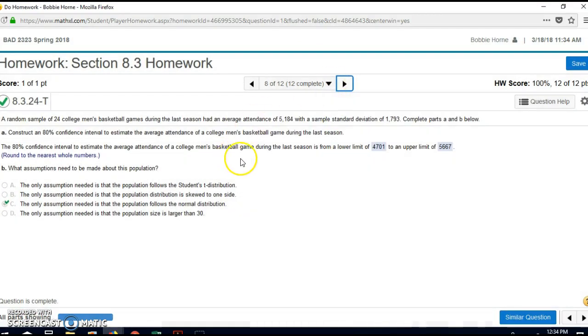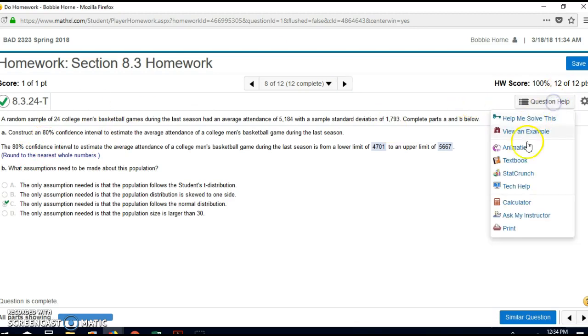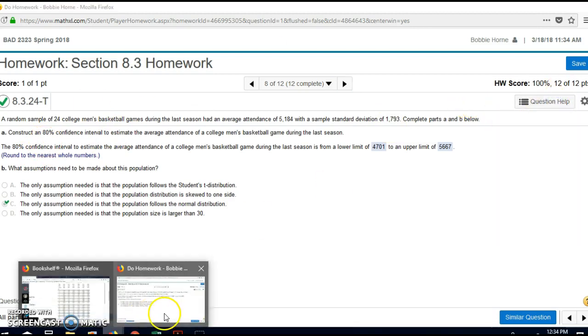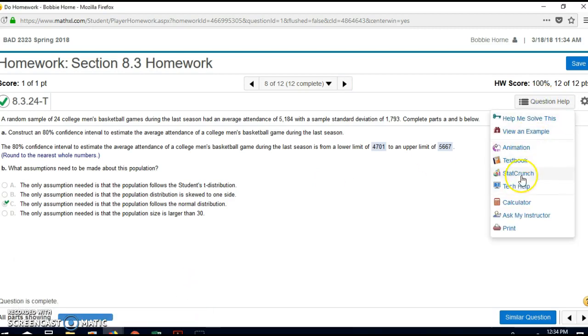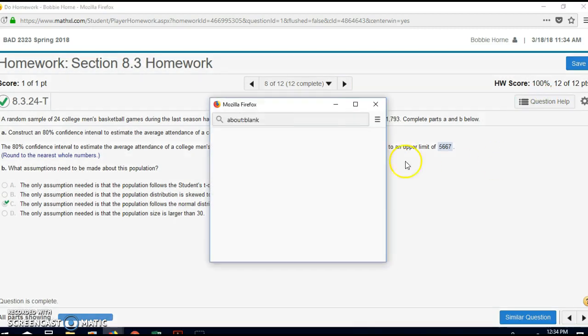Question number 8. N would be 24. The mean is 5,184. The sample standard deviation is 1,793. And the confidence interval is 0.80. You would go into StatCrunch just like you've been doing.